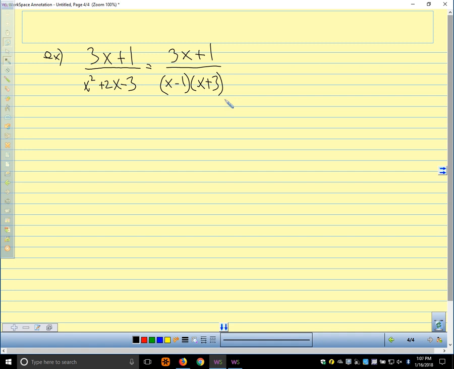And then we write the form of the decomposition. These are both linear, so we need a partial fraction for the x minus 1 and a partial fraction for the x plus 3. So what I'm going to do is write this here, and I'm going to write the steps that we take next to it.